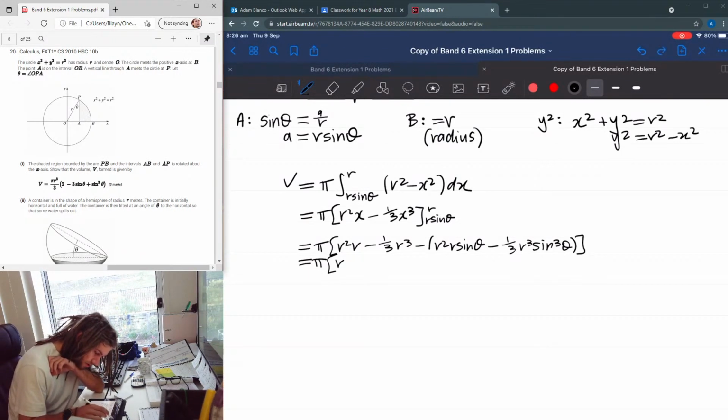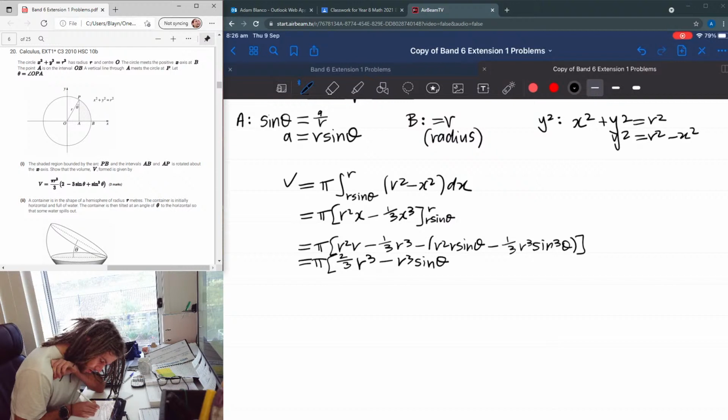Hang on, r cubed minus 1/3 r cubed is 2/3 r cubed, minus r cubed sine theta, minus, no, plus 1/3 r cubed sine cubed theta.